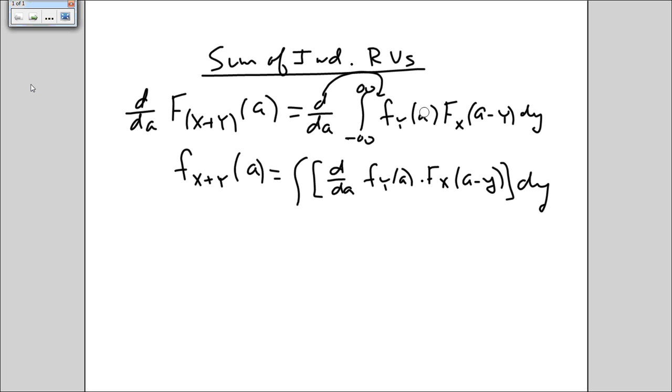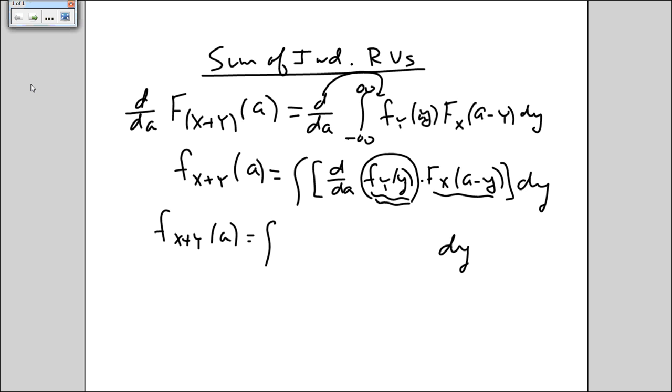I'm sorry, this should still be y. So f sub X plus Y of a is equal to the integral of something times dy.